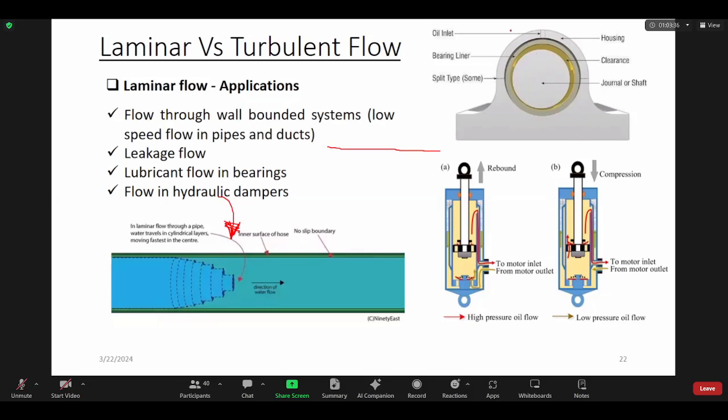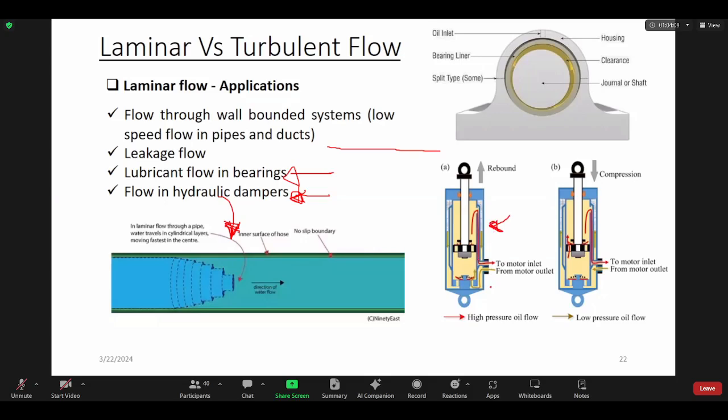We use some lubricant to move this bearing. Then we can identify laminar flow inside the lubricant. Lubricant flow in bearings. Then in hydraulic dampers also, this hydraulic damper works using hydraulic oil.